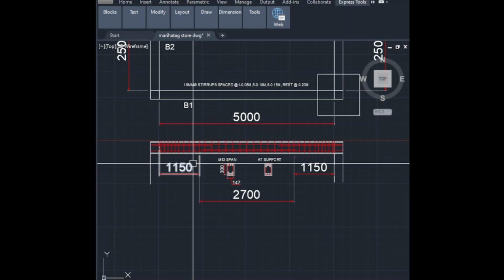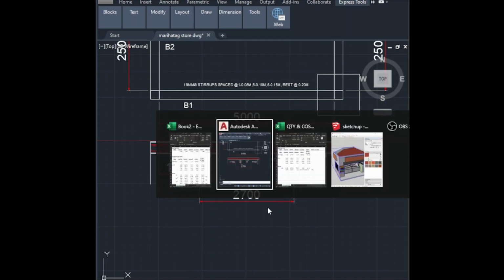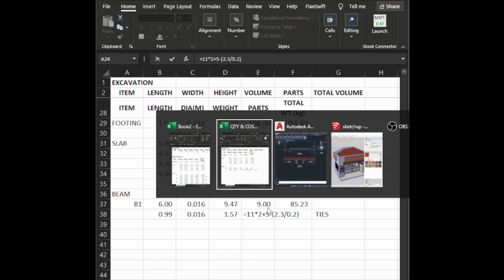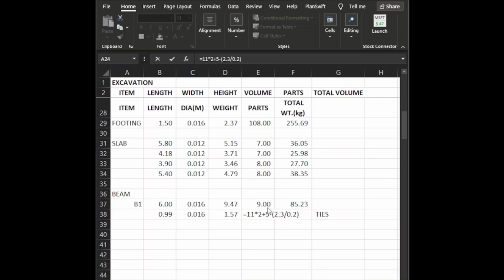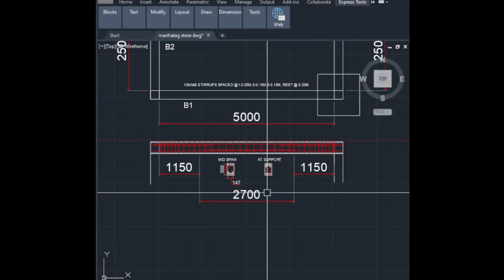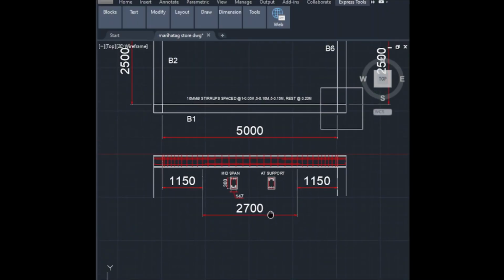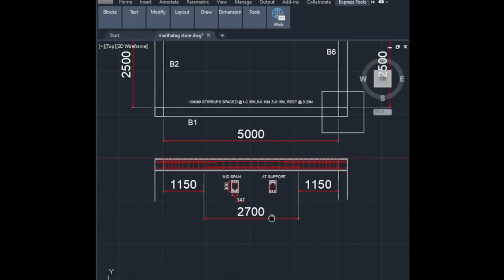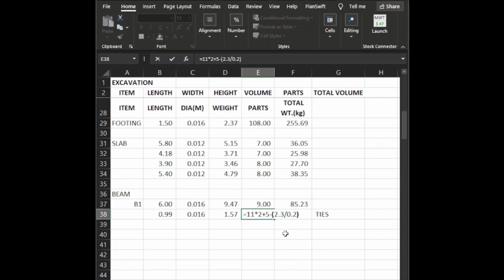So 5 minus 2.3. 5 minus 2.3, wait, I'm already confused. 5 minus 2.3, we will include this one. 5 minus 2.3 divided by 0.2.